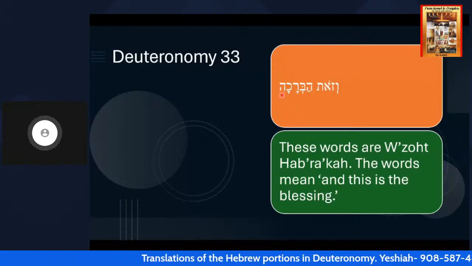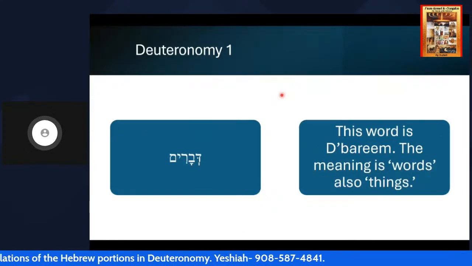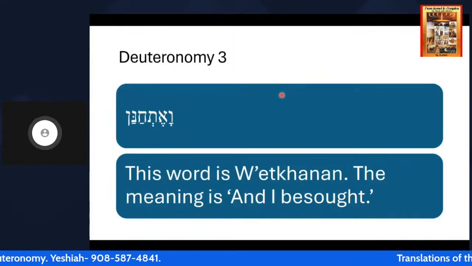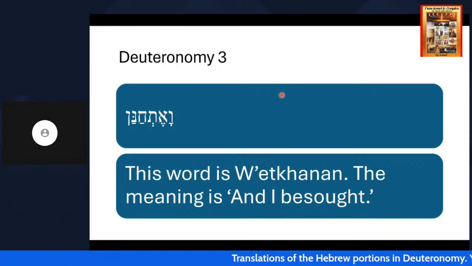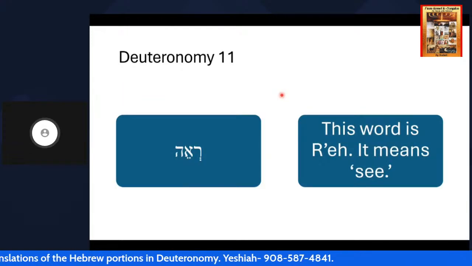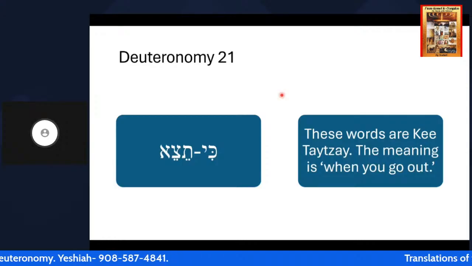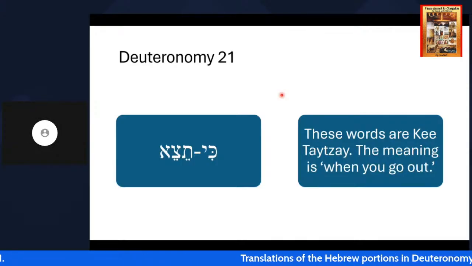So, brothers and sisters, as we review what we're talking about, we have it where Devarim means words or things. Well, Va'etchanan, and I besought, meaning and I looked for compassion. I sought compassion. Ekev meaning consequence. Re'eh meaning see. Shoftim meaning judges. Ki Tetze means when you will go out.